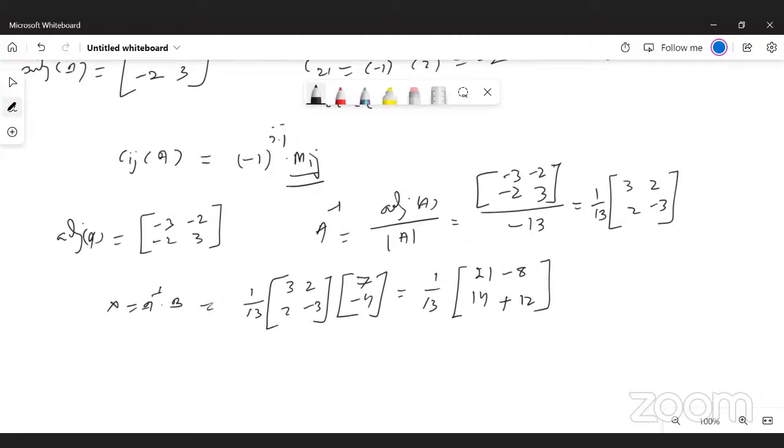Then it is 1 upon 13 and 21 minus 8 is 13, and 14 plus 12 is 26. Then it is 13 upon 13 and 26 upon 13, so the outcome is 1 and 2.